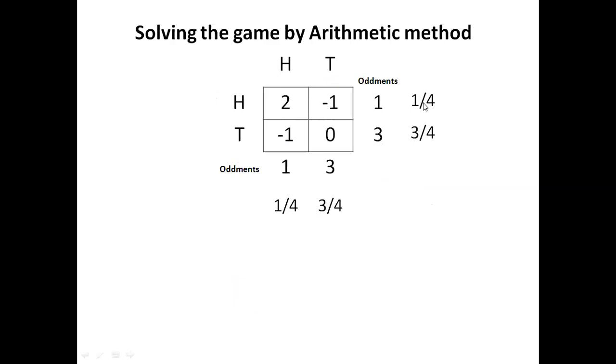Please remember, this is the proportion of amount 2 that player 1 gets when he plays H and at the same time player 2 plays H. So what does that 2 rupees mean? Suppose only one strategy was used, that is a pure strategy, then this 2 would be the value of the game.